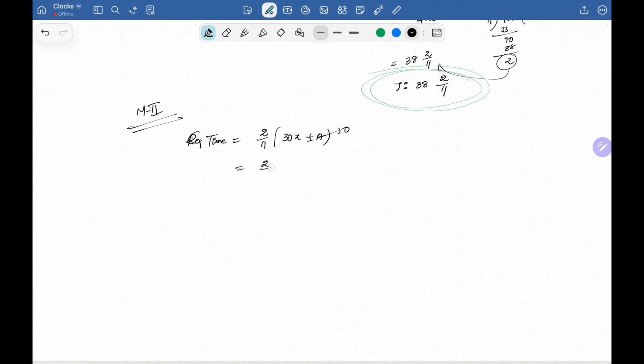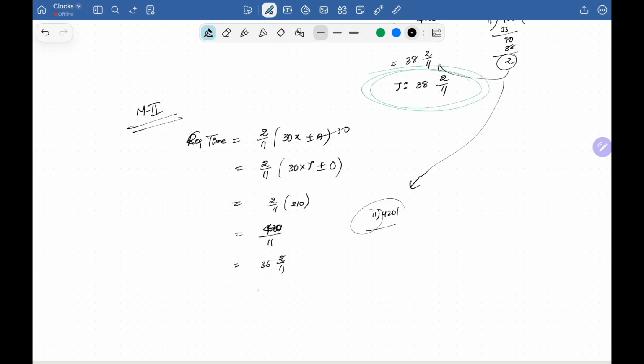So 2 by 11 into 30 into the initial time 7, plus or minus 0. If you multiply, then 2 by 11 into 210, then 420 by 11. If you divide 420 by 11, I have already done the same thing here. So 38 2 by 11.